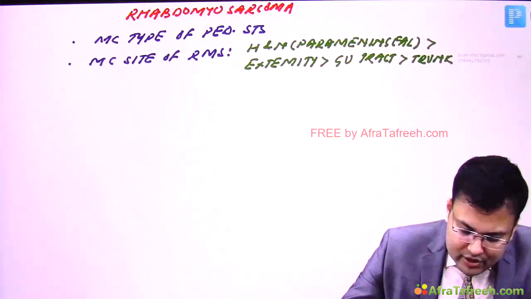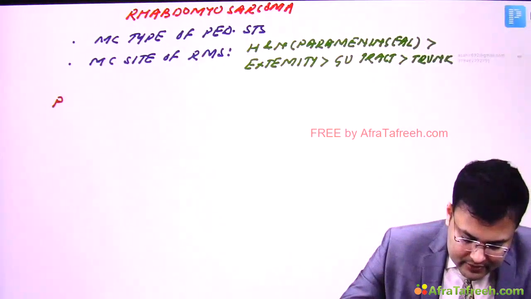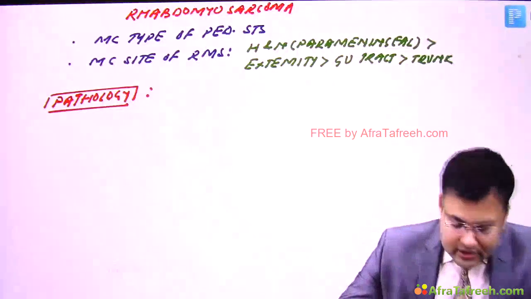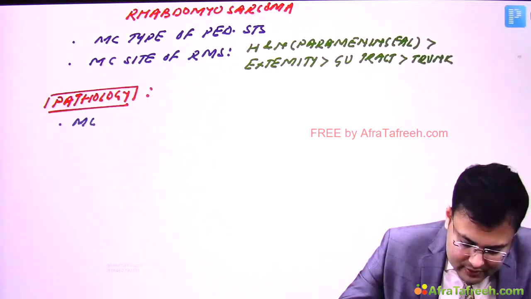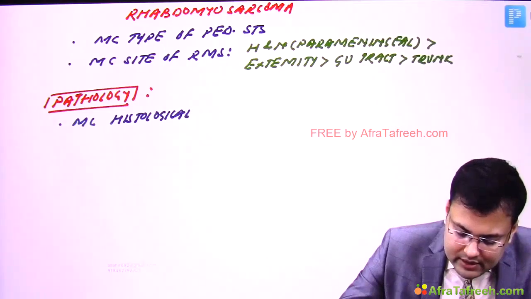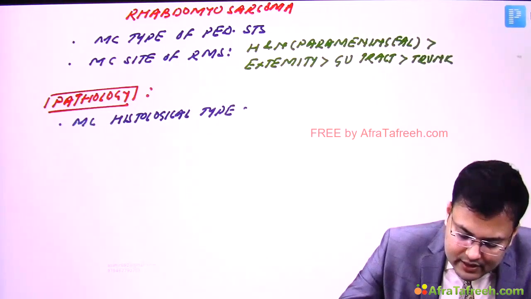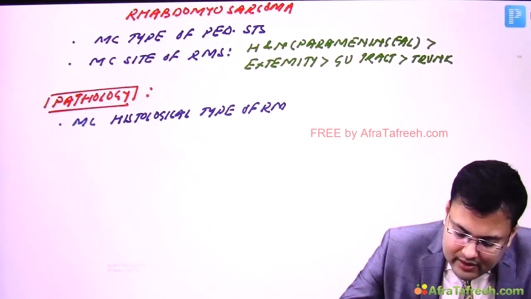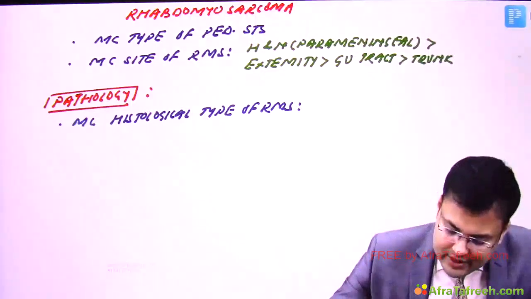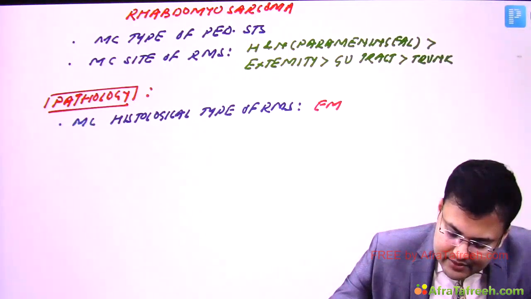If you see the pathological aspect, these are the important points which are asked in pathology. The most common histological type of rhabdomyosarcoma is the embryonal variant.